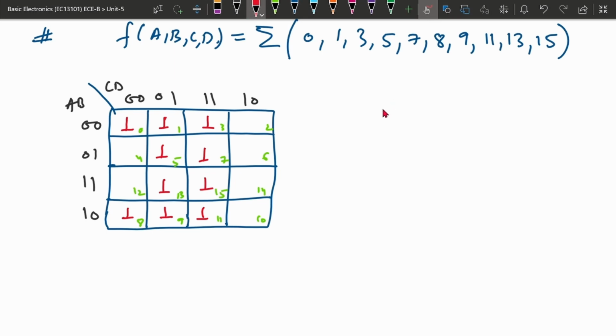in the procedure of 3 variables we considered the octet, but in case of 4 variables, the procedure we will take is we will start with pairing of 16.